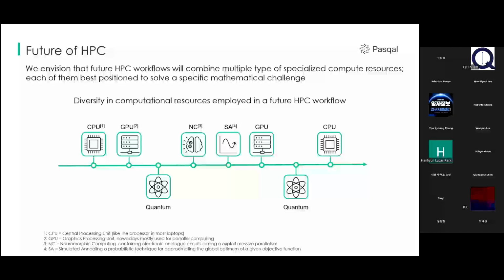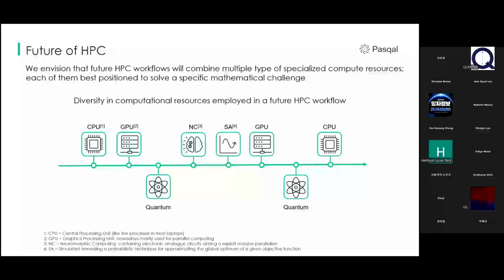With the current and even future infrastructures, we will see the appearance of different types of computers. So quantum computers, for a starter, but I've also mentioned a couple of other emerging technologies, such as neuromorphic computing or simulated annealing, that can all have their place within this high-performance computing environment.